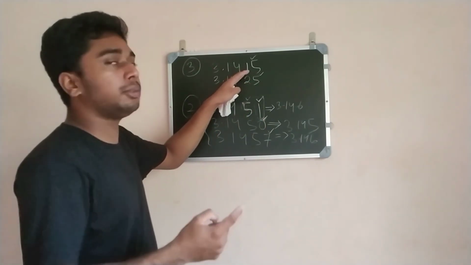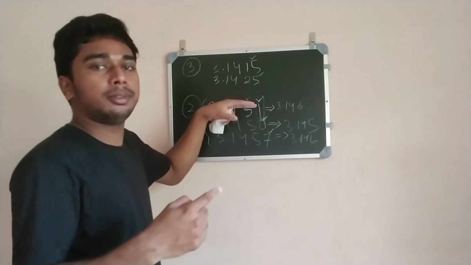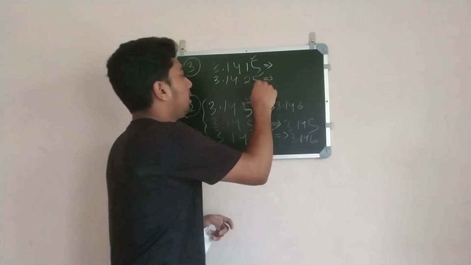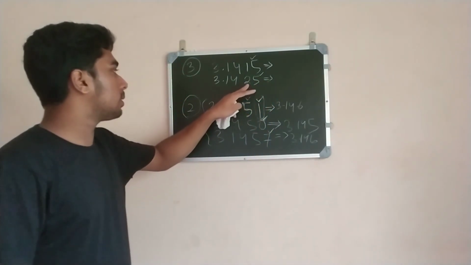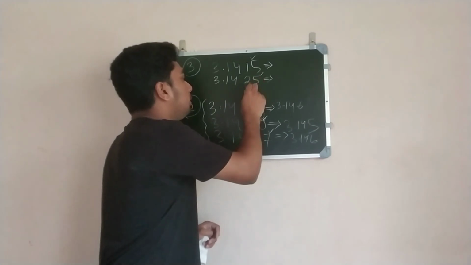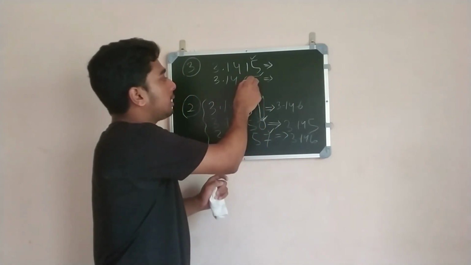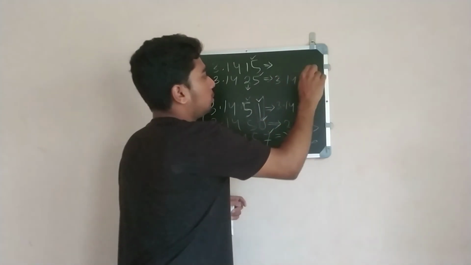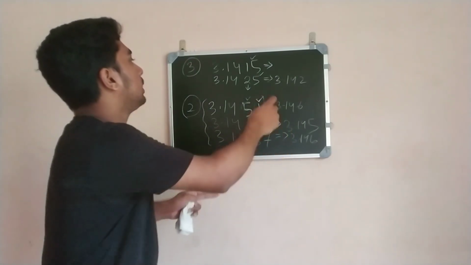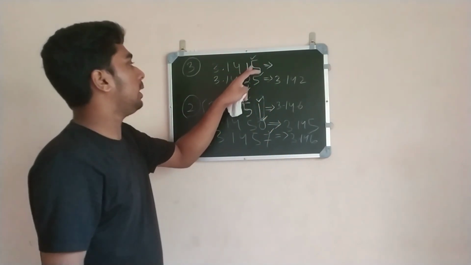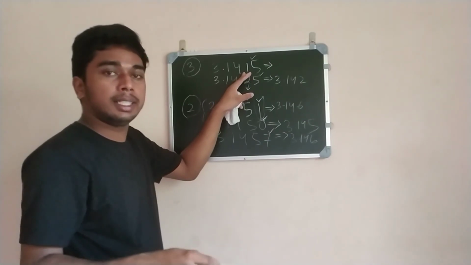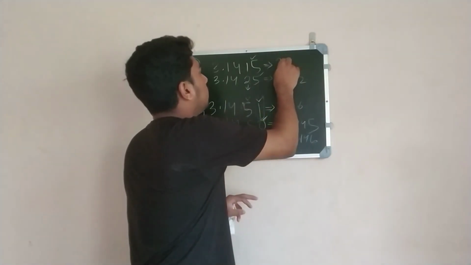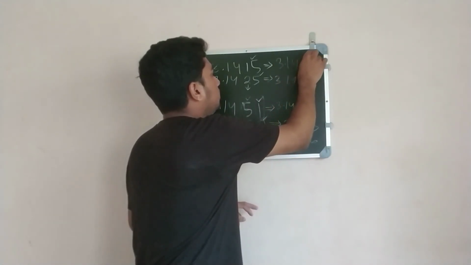If you find it is even, keep it as it is. For example, in the second case, I have 2 here, and 2 is even, so I will keep it as it is. So it will be 3.142. Do nothing. But in the first case, the digit before 5 is odd, so I have to add 1. So it will be 3.142.